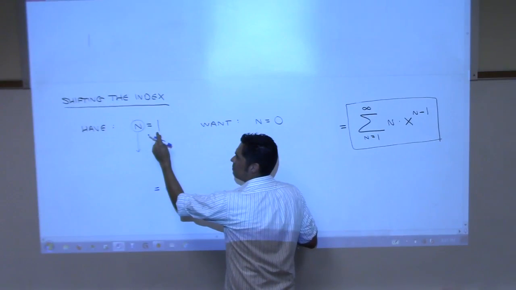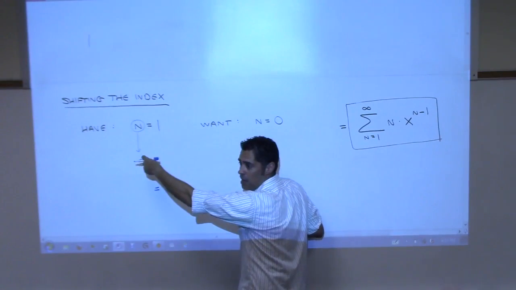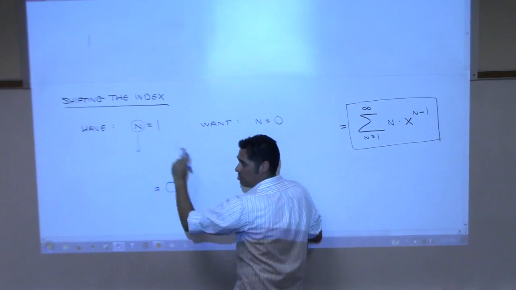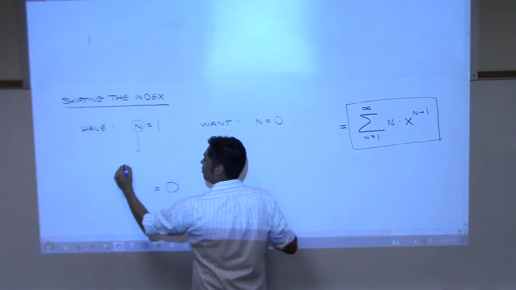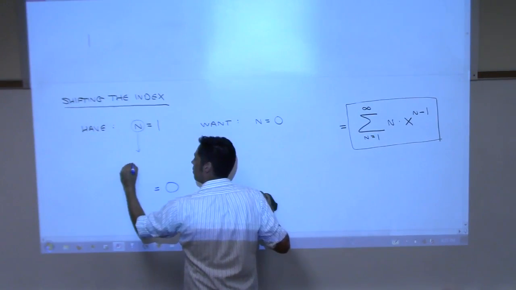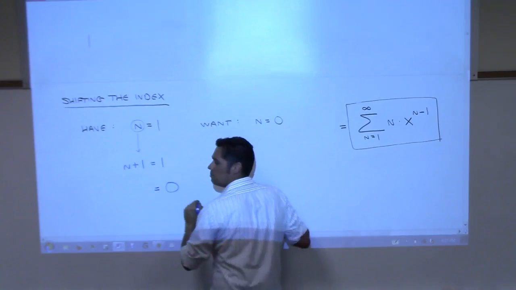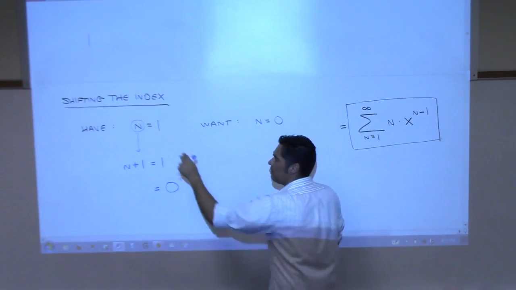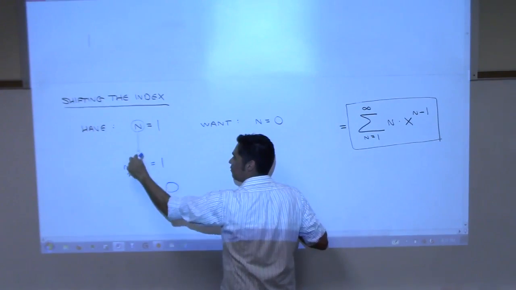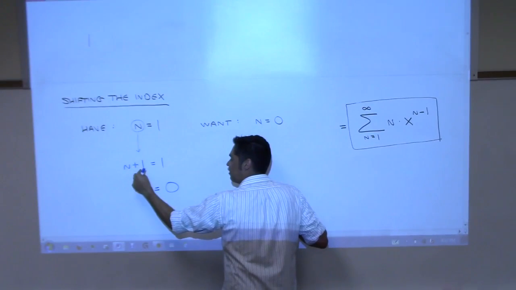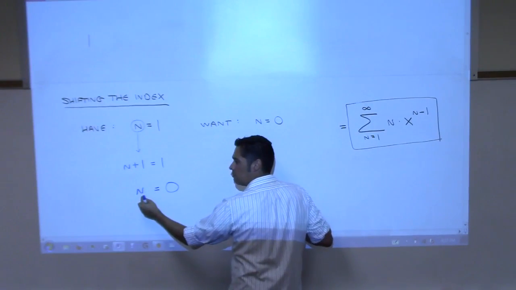I would need a plus 1 on the left side so I could subtract it on both sides. So what I'm going to do is change the n to an n plus 1 equals 1. Now if I replace the n with n plus 1 and then solve for n, won't I get n is 0?